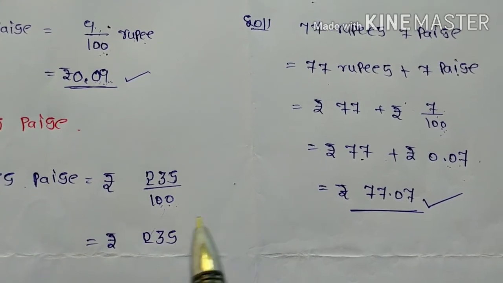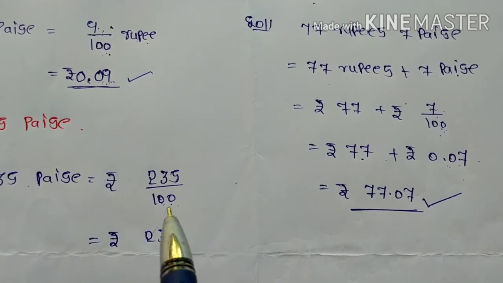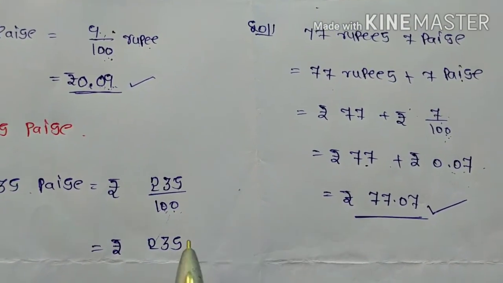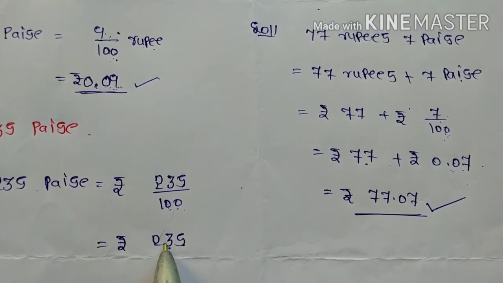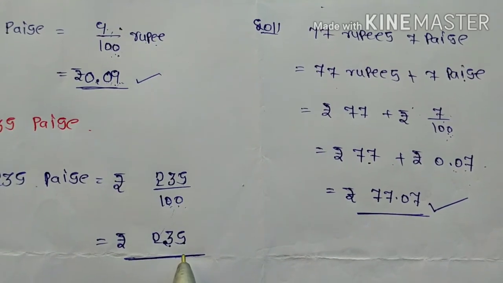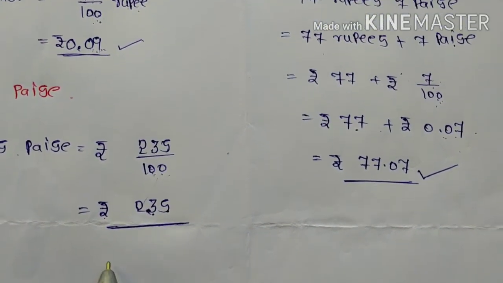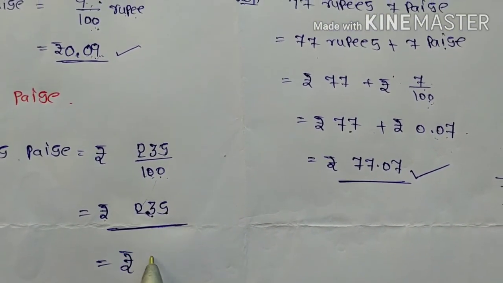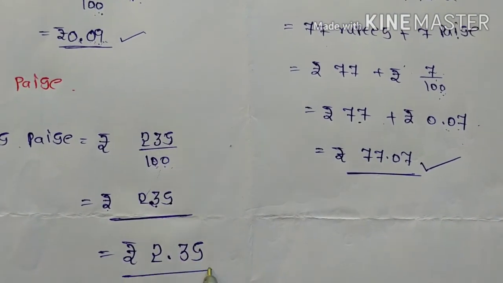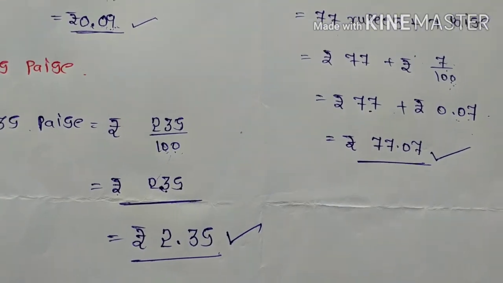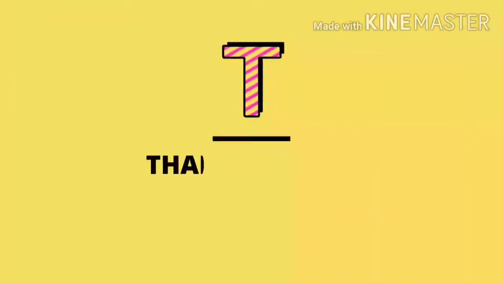So from the right side you keep the decimal point after 2 digits. This is the first digit, this is the second digit. You keep your decimal point. That means your answer is rupees 2.35.